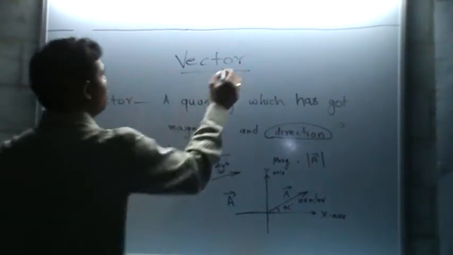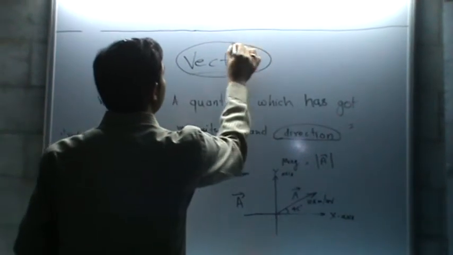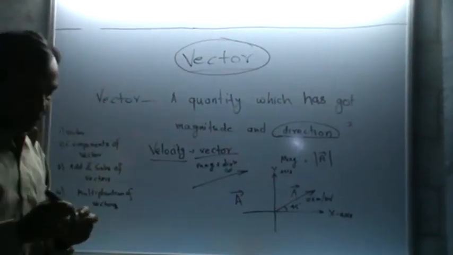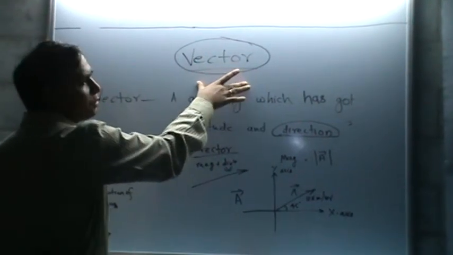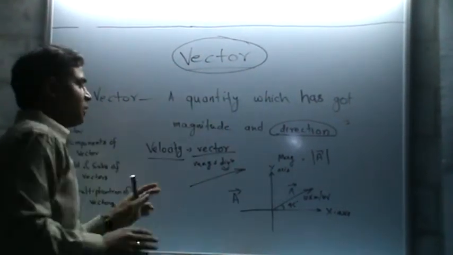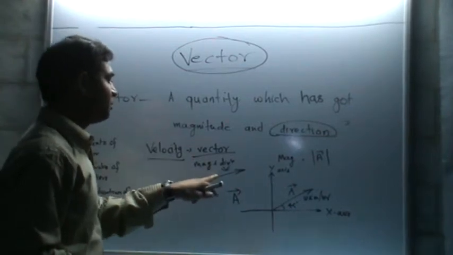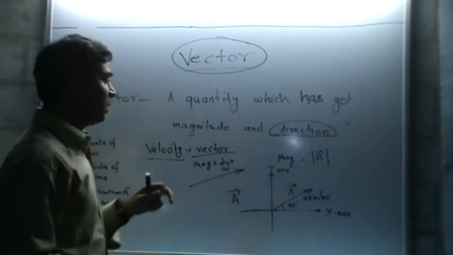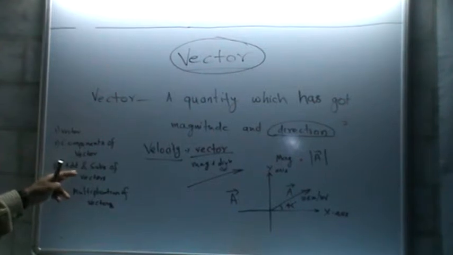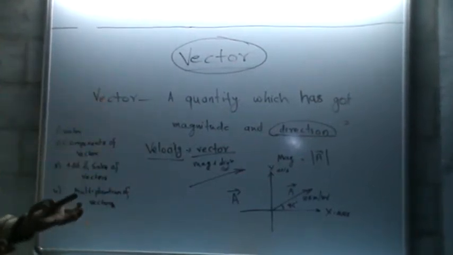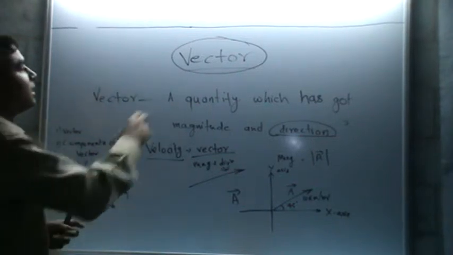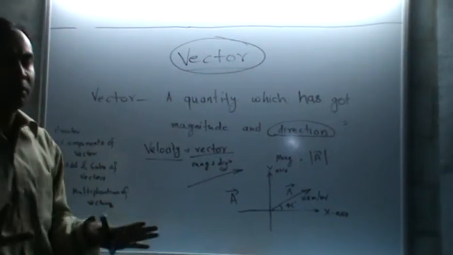Now what is the use of vectors? While studying the whole of physics, you will find plenty of uses of vectors everywhere, because we are interested not only in magnitude but also in direction. When we add, subtract and multiply vectors, plenty of different phenomena are generated. That's why vectors are very important, and this is actually a very basic chapter.